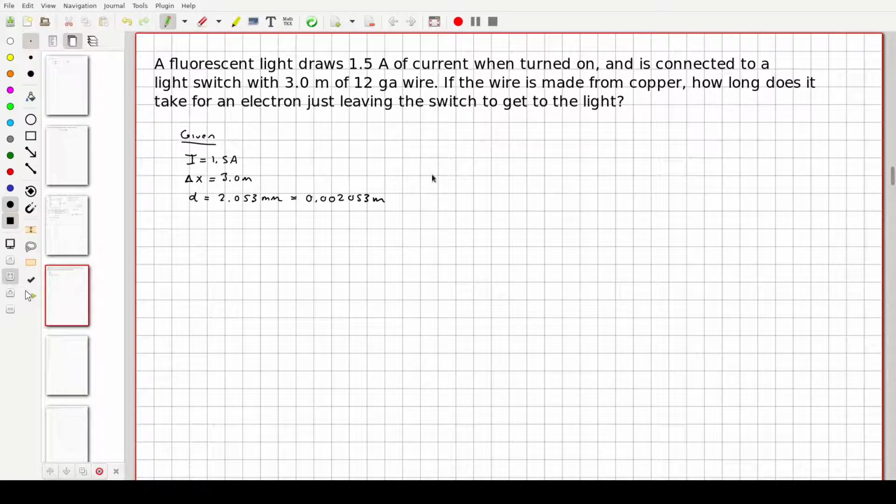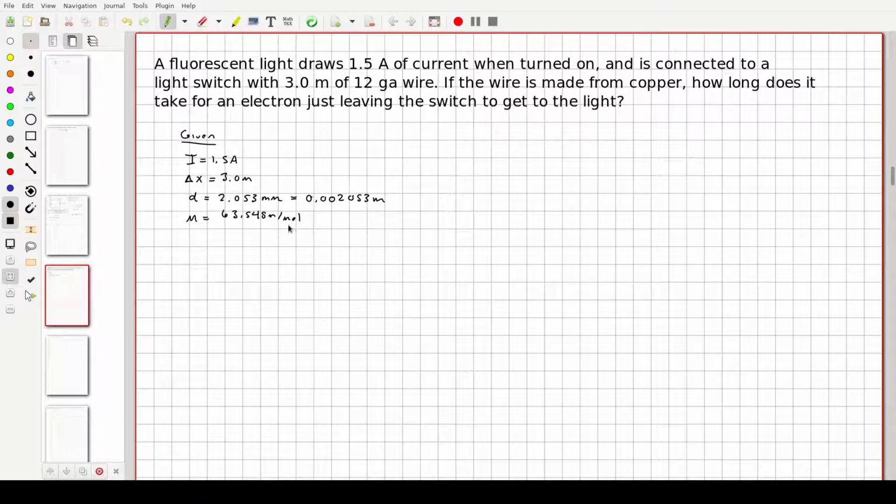Now, we're told again that this is copper, and the process that we want to follow to find the number of charge carriers per volume here is to look at the molar mass. The molar mass of copper is 63.54 grams per mole.